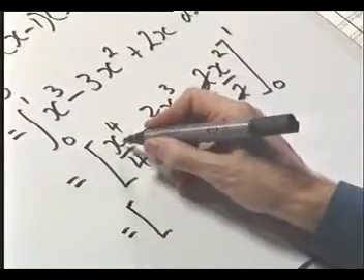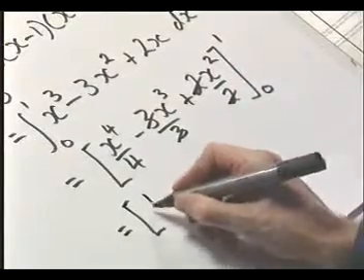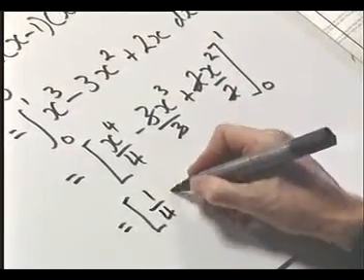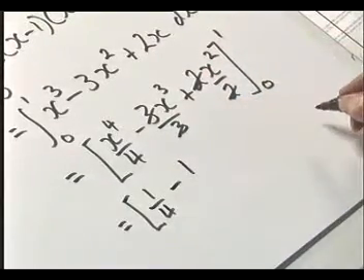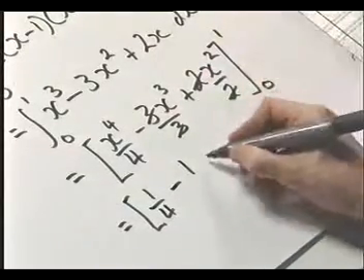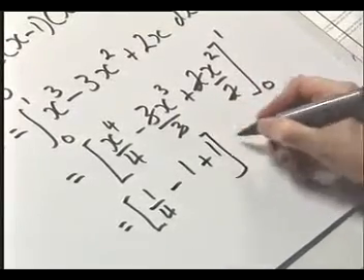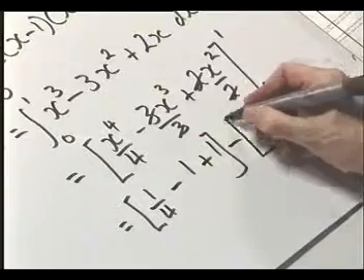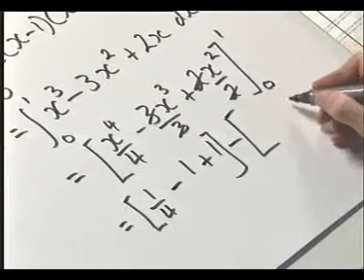So that's x to the power 4 when x is 1, which is just 1 over 4, minus x cubed when x is 1, so that's just 1, plus x squared when x is 1, so that's just 1 again. Minus, and now we substitute in our lower limit, that's 0.